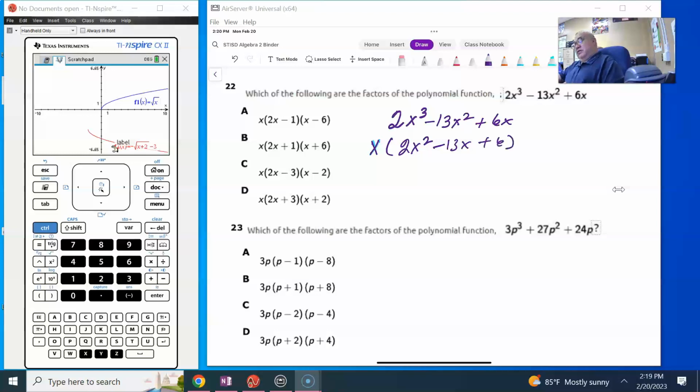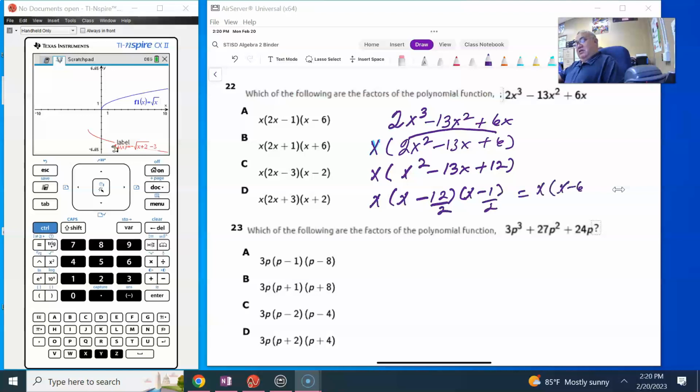Then you're going to have to multiply 2 times 6, which gives you 12. Find the factors of 12. x minus 12, x minus 1. Then you divide by 2. And the factors are x, x minus 6, and 2x minus 1.